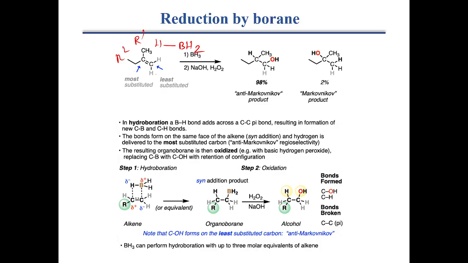The alkene reacts with boron at the least substituted carbon, so it reacts through anti-Markovnikov fashion and transfers hydride.